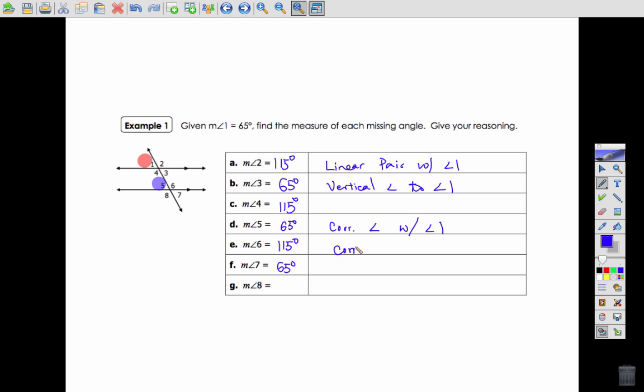Now 8 is corresponding with angle 4, and they must be congruent. So this is a relatively simpler example, but it makes these relationships crystal clear of who's who.